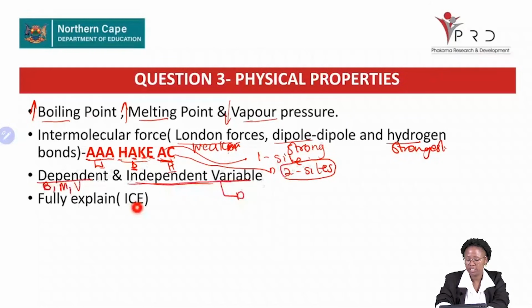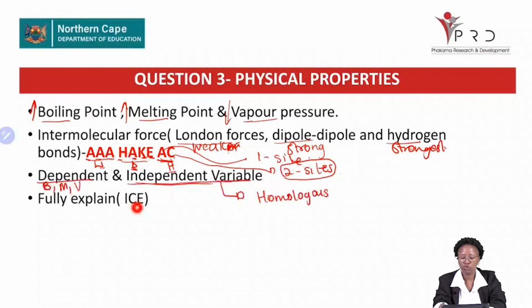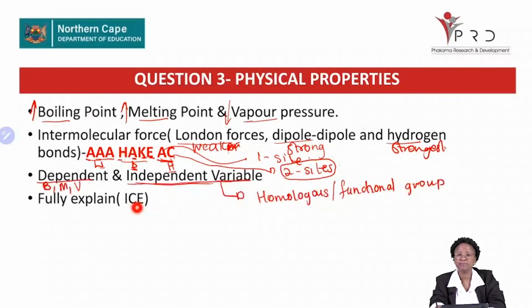They either depend on the homologous series. If you have different homologous series, then you know that the homologous series are the ones that are going to determine if the boiling point will be higher or lower. And then if not homologous series, functional groups can also be an independent variable.